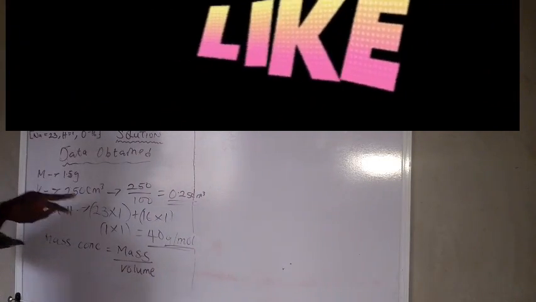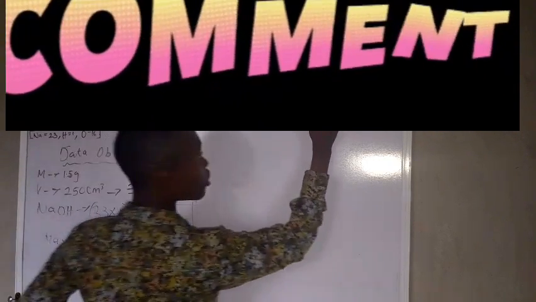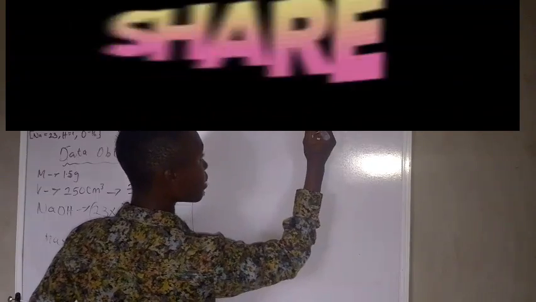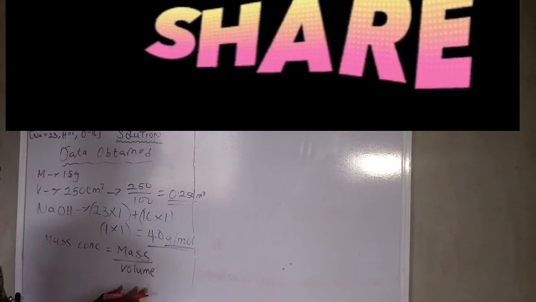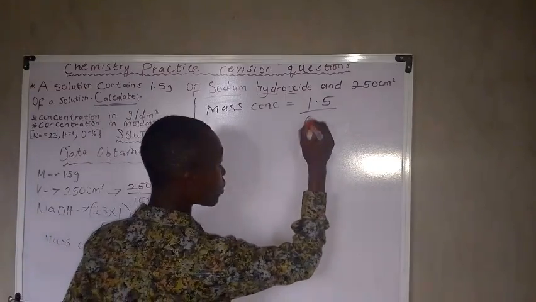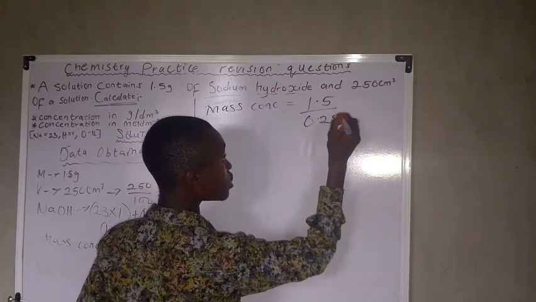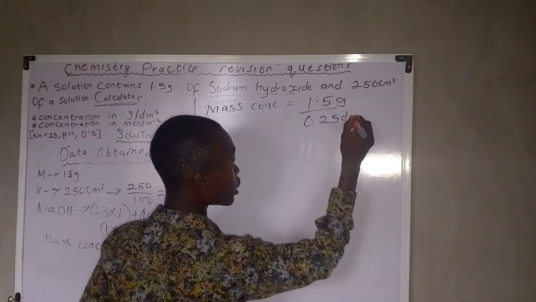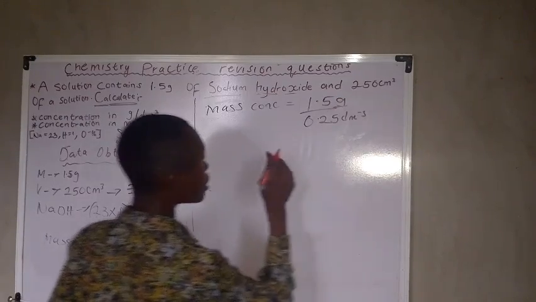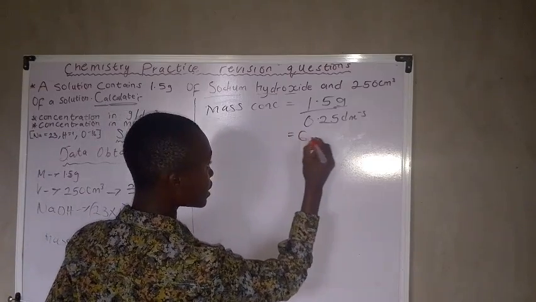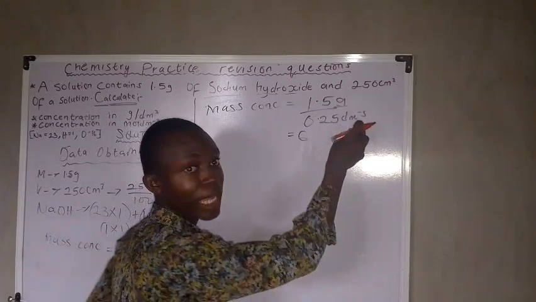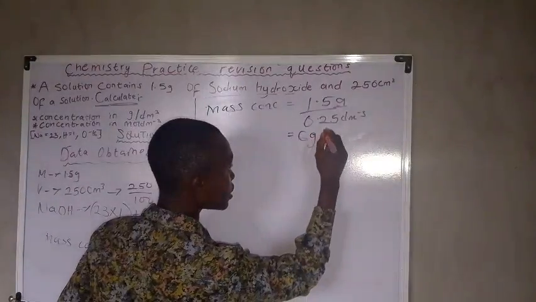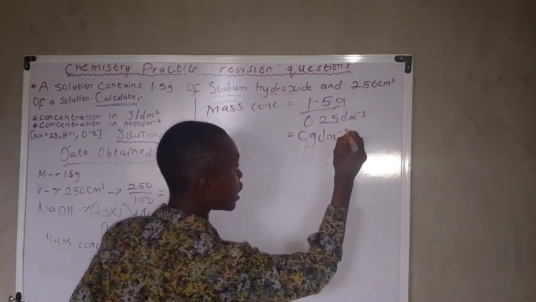Mass is 1.5 grams, divided by our volume. Our volume is 0.25 dm cube. The final answer is simply 6 grams per dm cube.